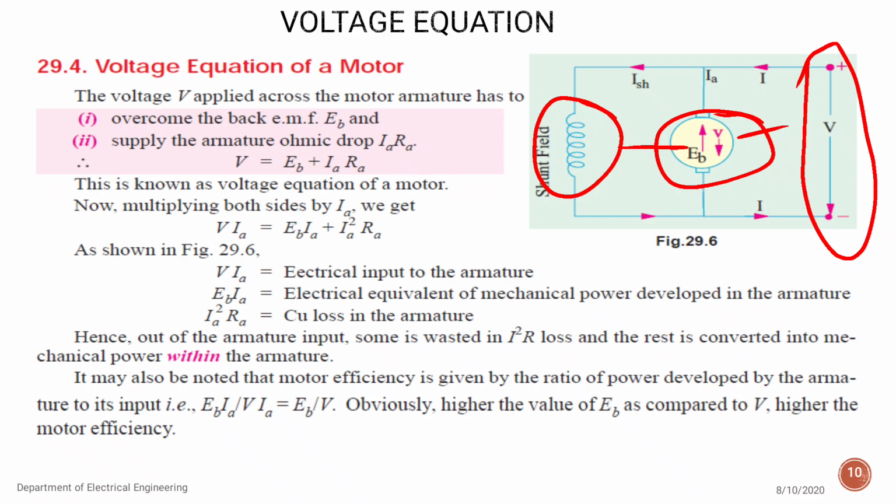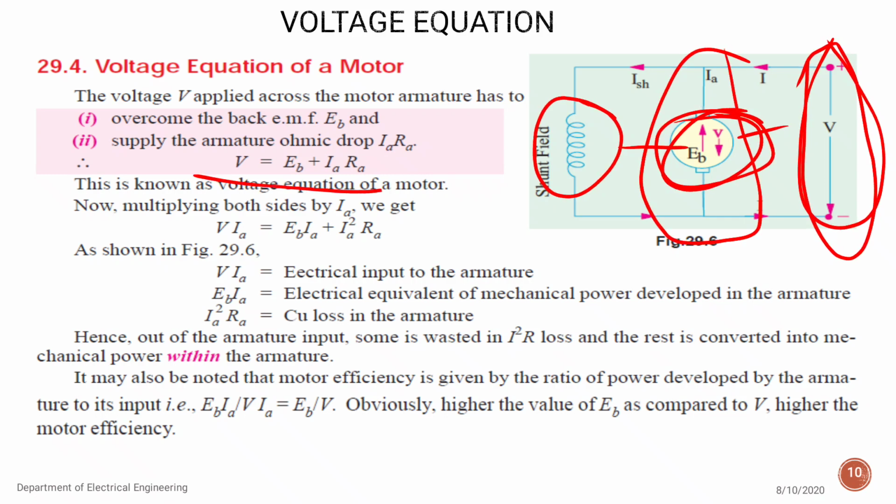So V is equal to the back EMF plus the drop in that circuit. The equation becomes V is equal to EB plus IaRa. This is the voltage equation of a motor.